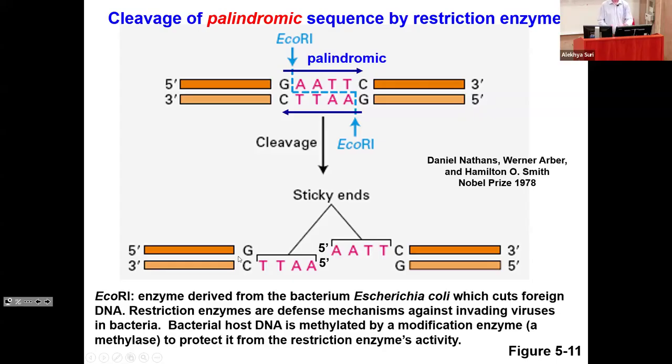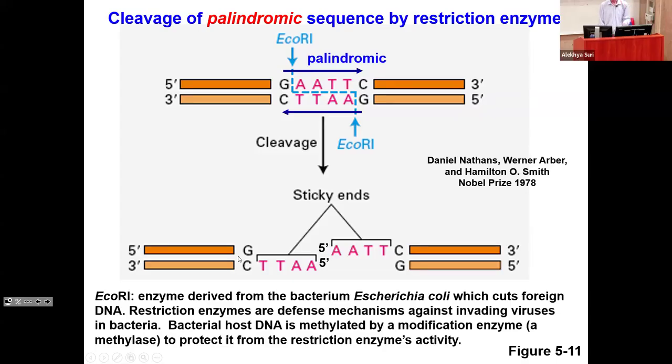These are complementary to each other. This goes back to the 60s or 70s, and I think the insulin gene was one of the first genes that was cloned. So memorize what's palindromic.